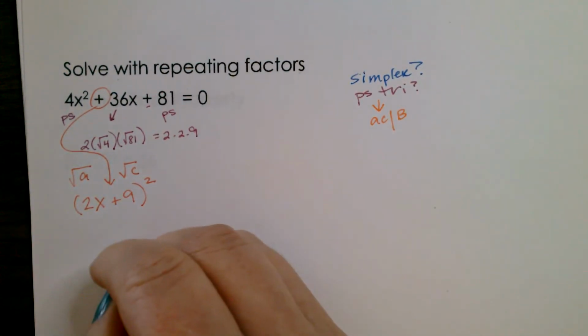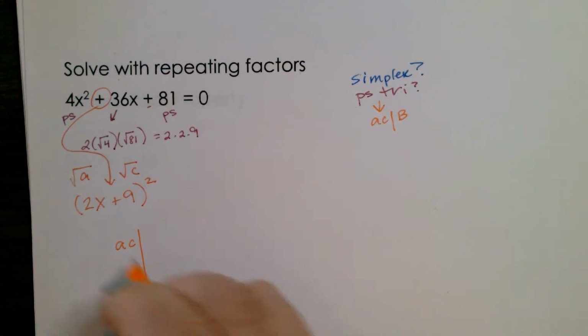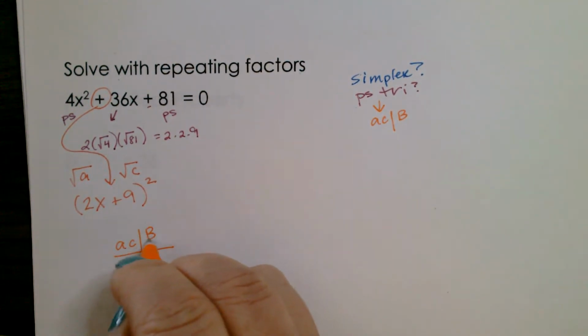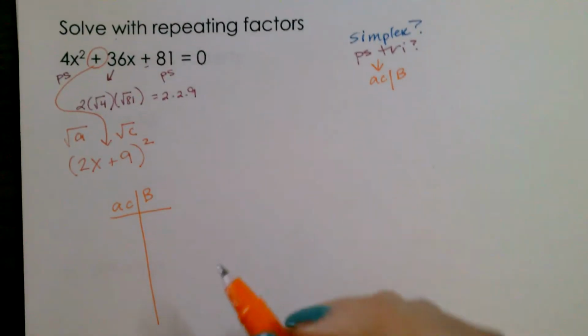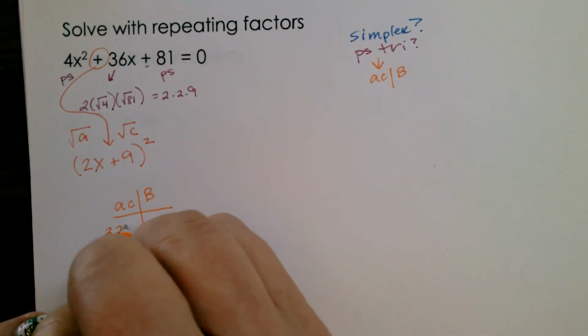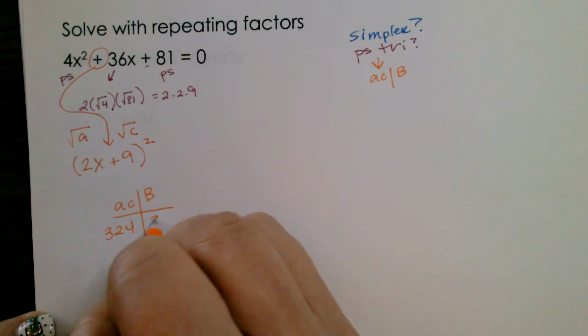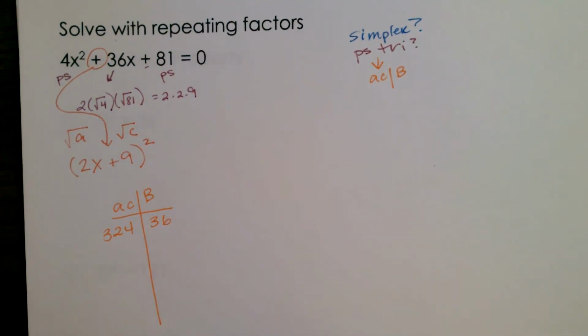So if I were to do that, I would need, I'm going to make sure I have this one right, 81 times 4, 324, with a sum of 36.